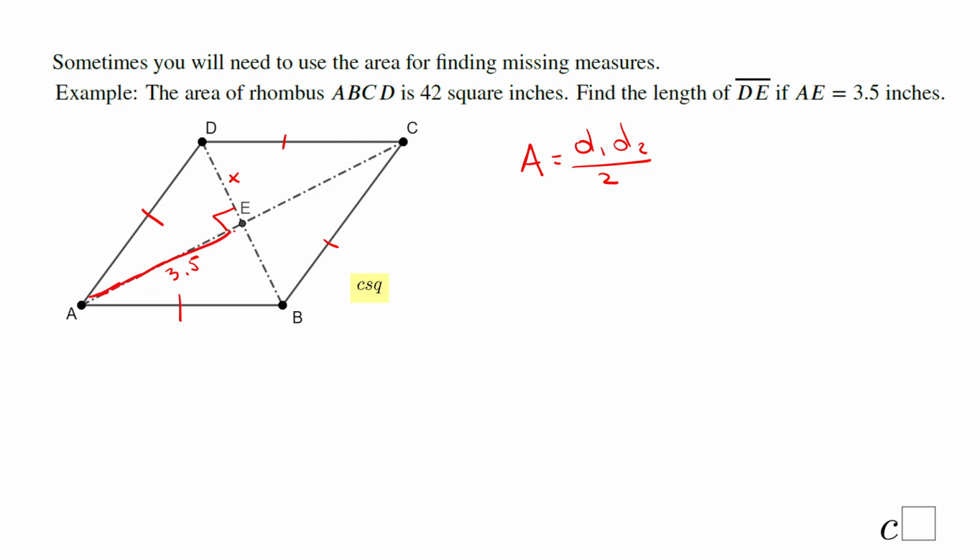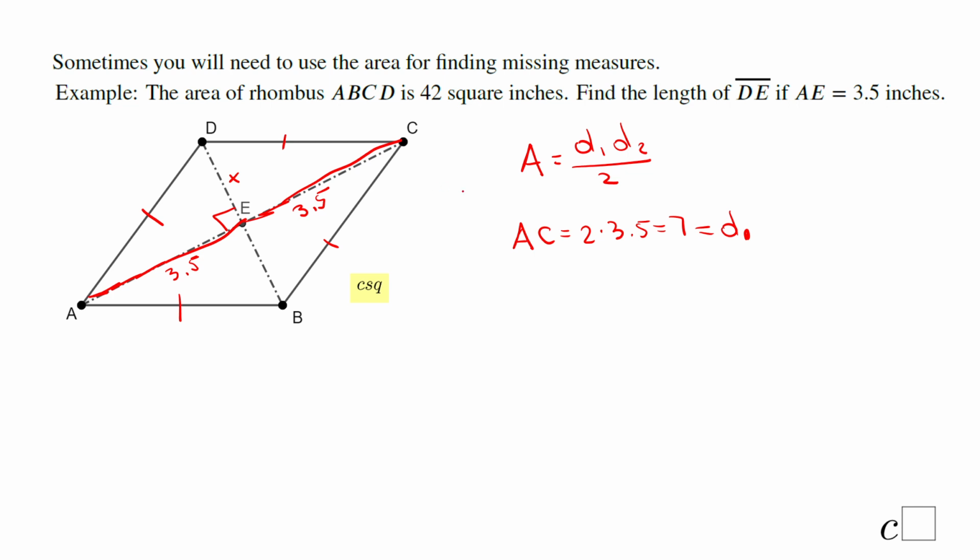So this is 3.5. Remember that property I mentioned, the diagonals in a rhombus bisect each other. So this is 3.5, this is 3.5. So the big diagonal AC will be 2 times 3.5, which is 7. And let's say that one is the first diagonal.